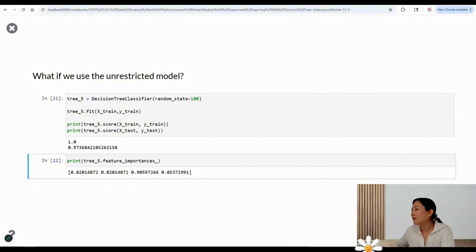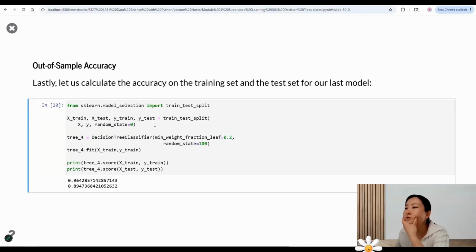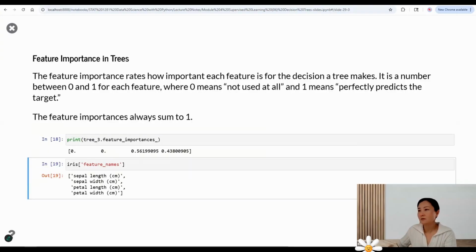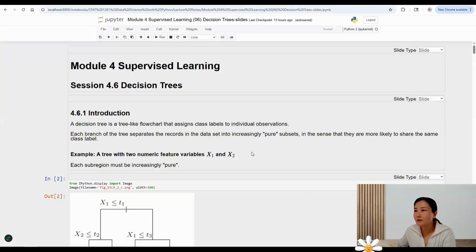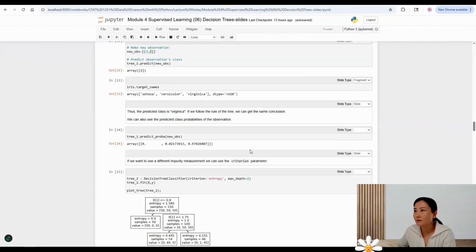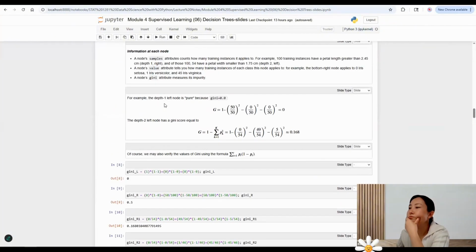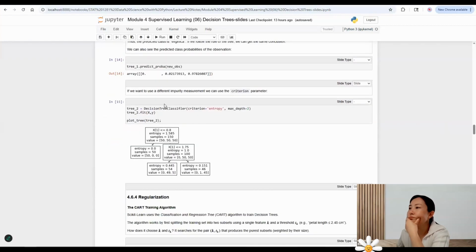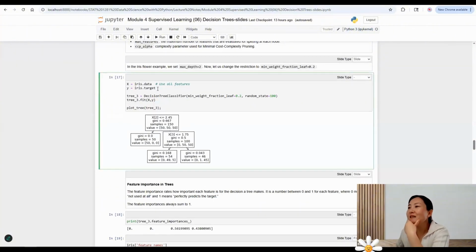And the feature importance. Oh, by the way, I reloaded the data in the previous one. Oh yeah, from here, I already reloaded the data.